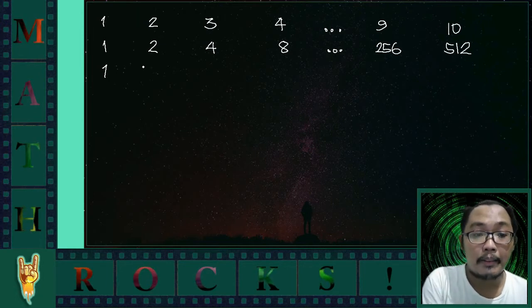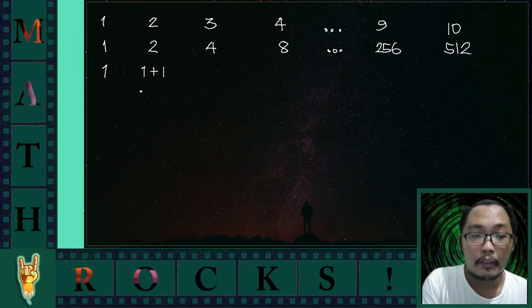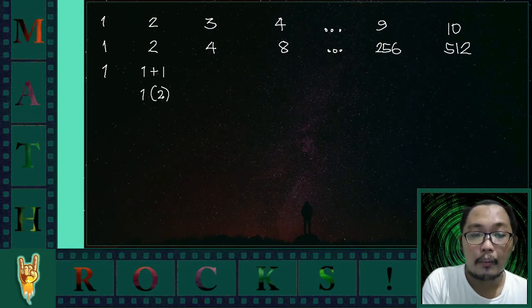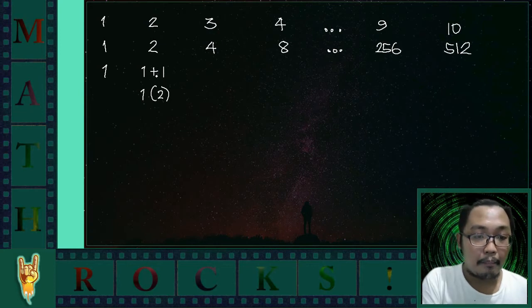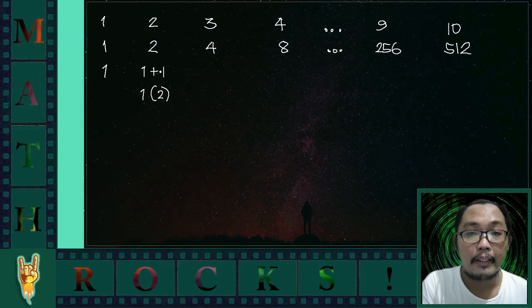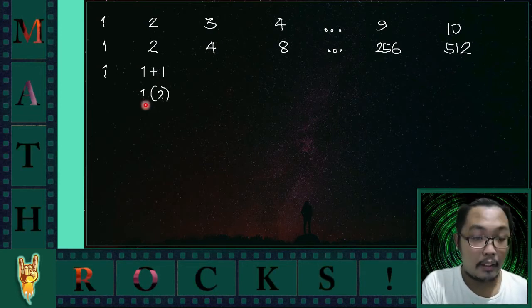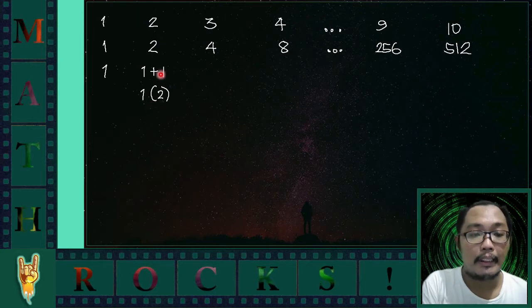We can achieve this by adding 1 to 1 or multiplying 1 with 2. Since you are already familiar with the concept of geometric sequence, it is more about the multiplication process, so we must use this expression instead.